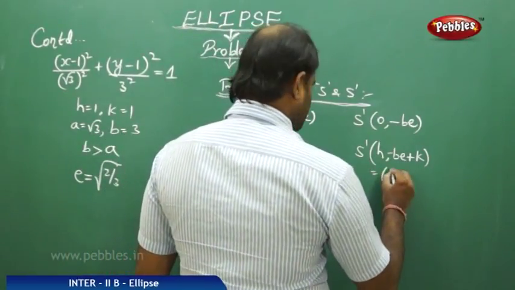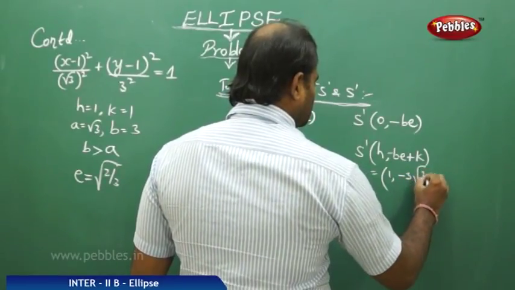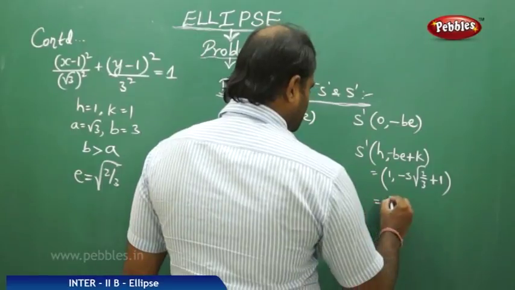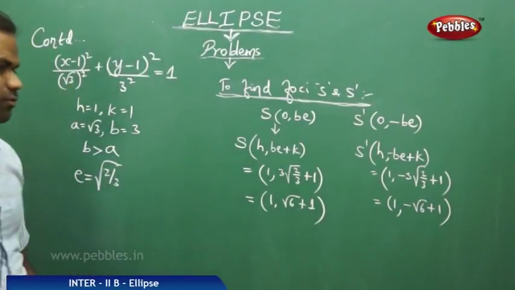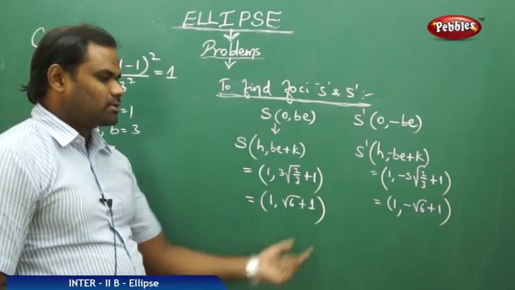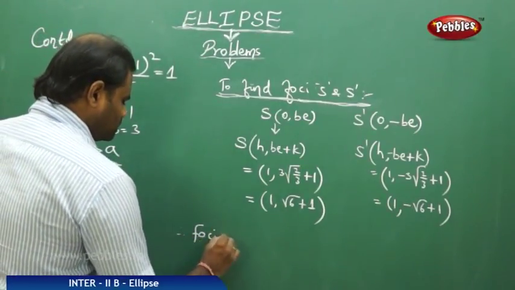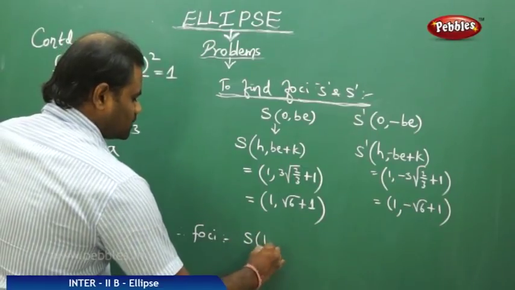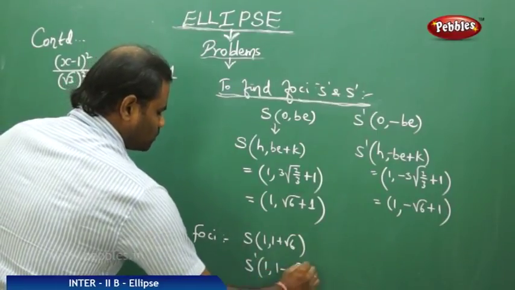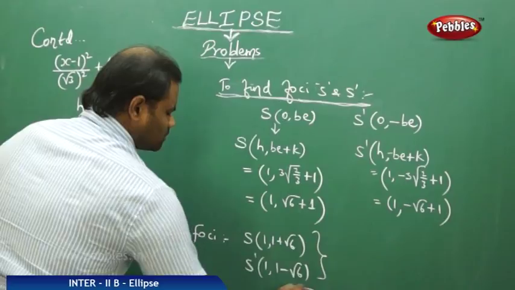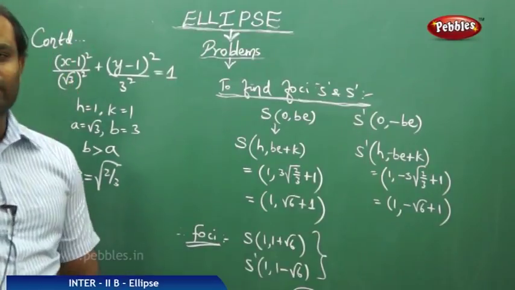Similarly, this will be h, which is 1, and minus be, which is 3 times root 2 over 3, plus k, which gives us 1 minus root 6 plus 1. So the foci are (1, 1 plus root 6) and (1, 1 minus root 6). This is how we identify the foci of the given ellipse.